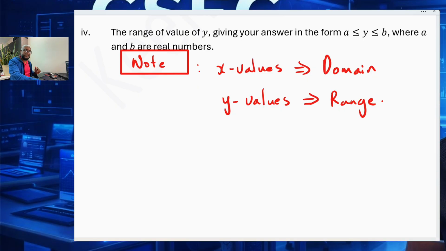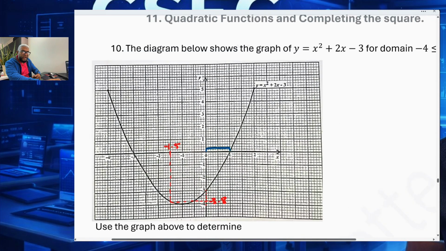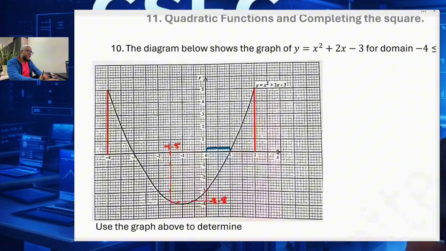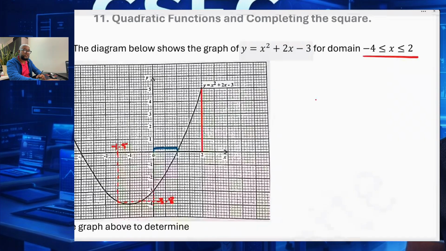So I want to give you all a visual on this. When I'm talking about the domain, I'm talking about all the values that could possibly be a point on my curve. So those x values would be starting from here, this point here, and ending here. So my domain would be from negative 4 less than or equal to x less than or equal to 2.